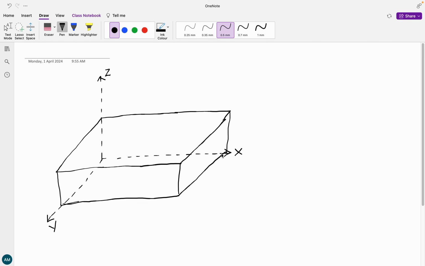So here we have a parallelepiped, and if I want to represent the normal as well as shear stress on every given axis, the top face is going to have a normal stress of sigma z.